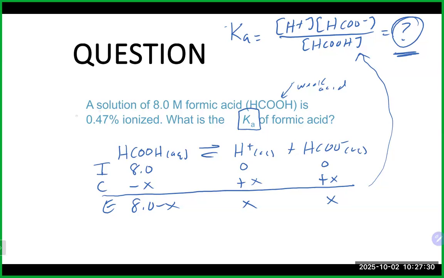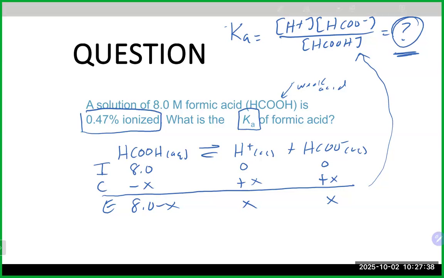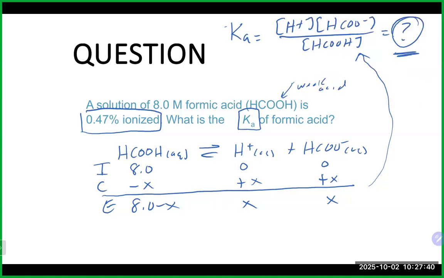We do have one other piece of information given to us about the acid, which is that it is 0.47% ionized. If we use the percent ionization formula, percent ionization is equal to the H plus concentration divided by the initial concentration of the acid, times 100, we can solve for the H plus concentration.